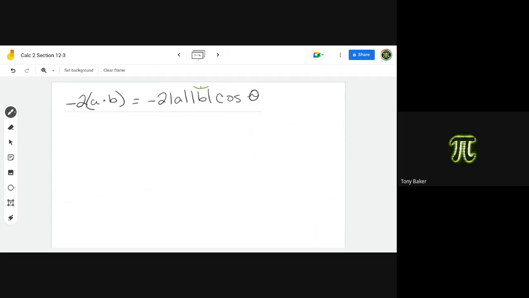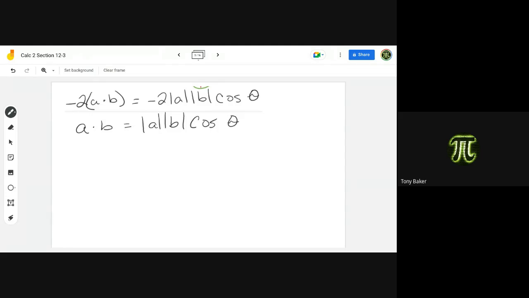If I clean this up a little bit, I get the dot product by itself, because that's the way they want it first. So the dot product is equal to the magnitude of A times the magnitude of B times cosine of theta.